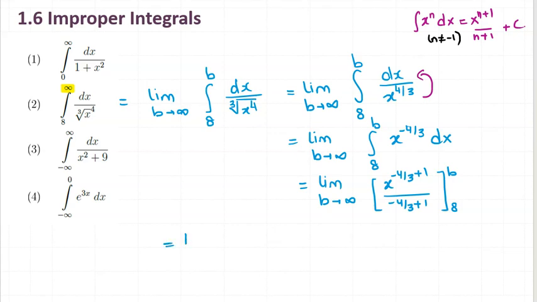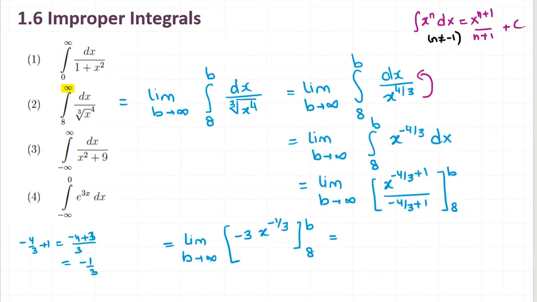So this gives you limit b goes to infinity. What will this become? Minus 4 over 3 plus 1 becomes minus 1 over 3. So x to the power minus 1 over 3, and in the denominator also minus 1 over 3. So this gives you minus 3, and x goes from 8 to b.